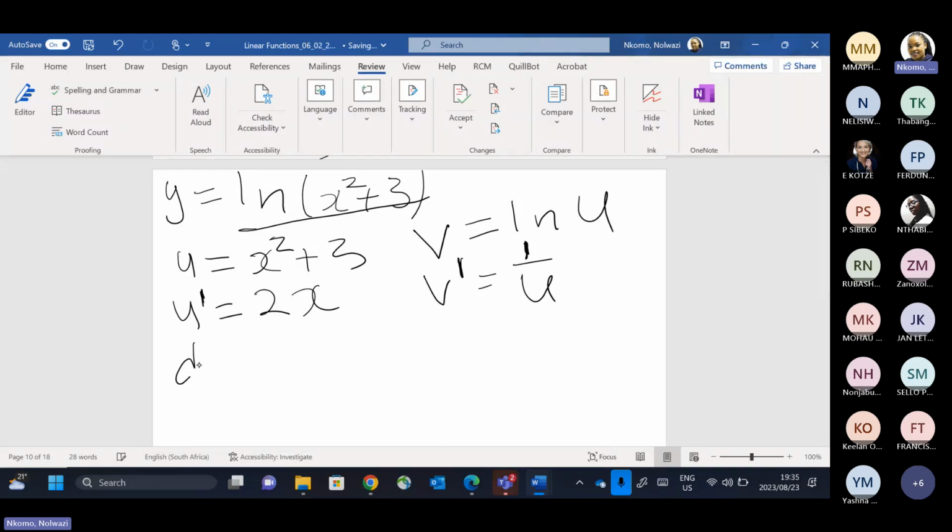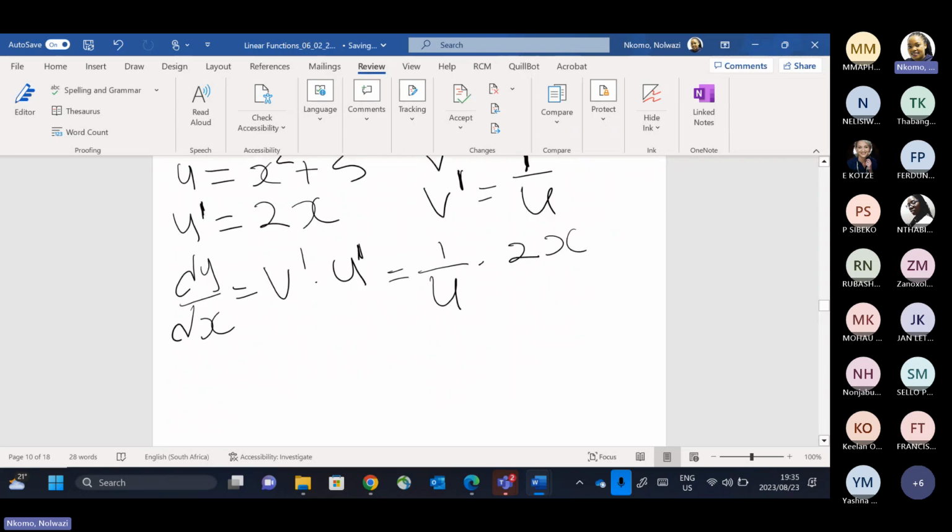So this means our dy over dx, which is v prime times u prime, would be 1 over u times 2x. But we know that our u is x squared plus 3. So this means we have 2x times 1 over x squared plus 3.